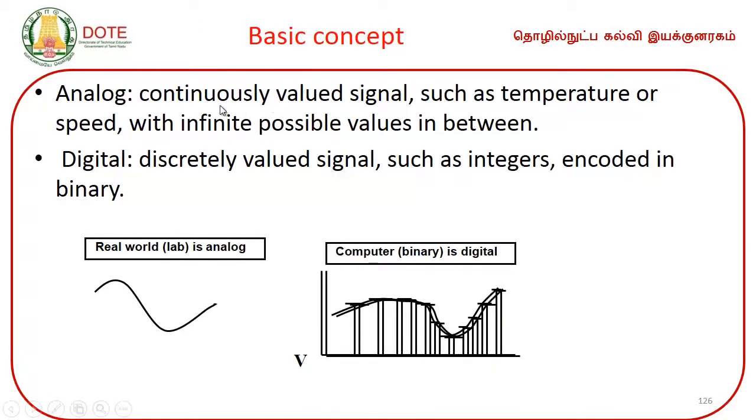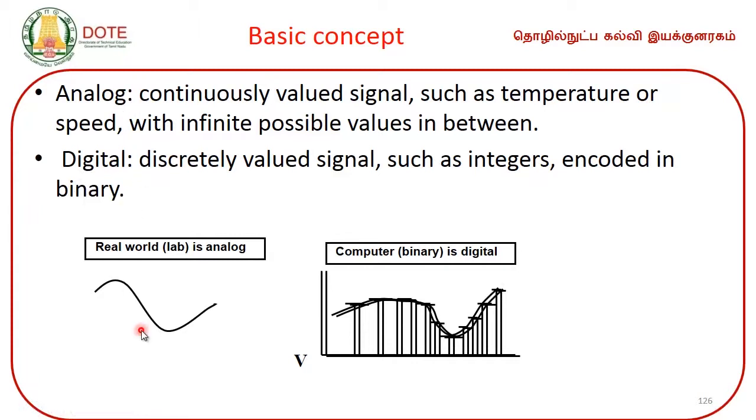But a digital watch shows only numbers. So an analog signal is a continuously valued signal with respect to time, its magnitude continuously changing, whereas a digital signal is a discrete one. That means it will have only 2 values at any instant of time.